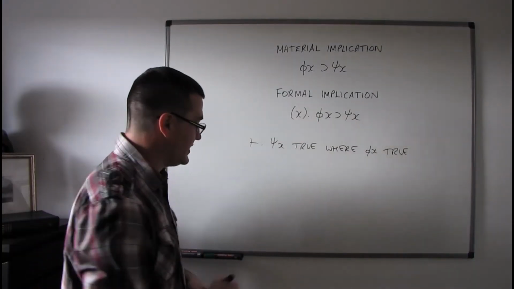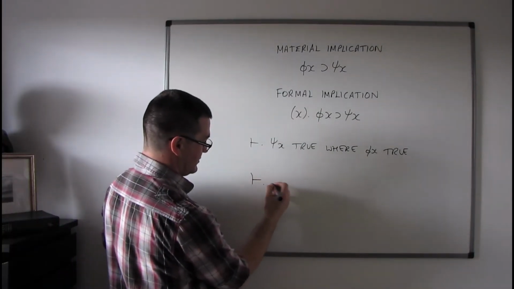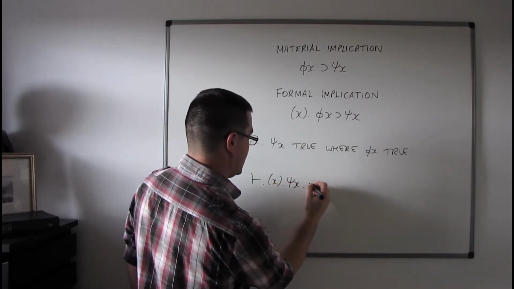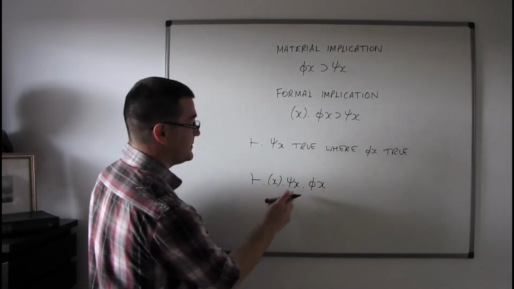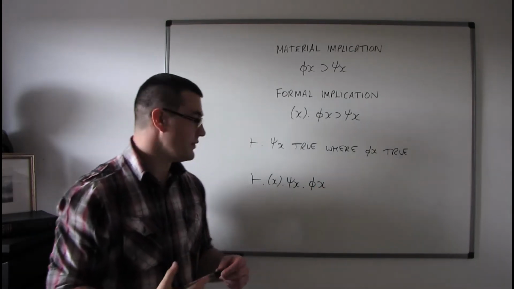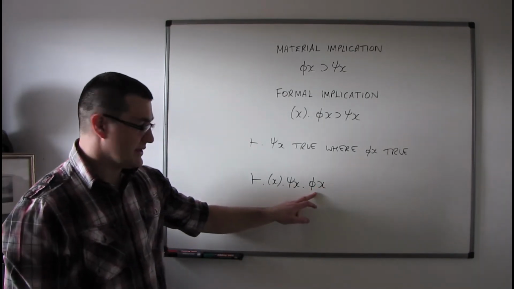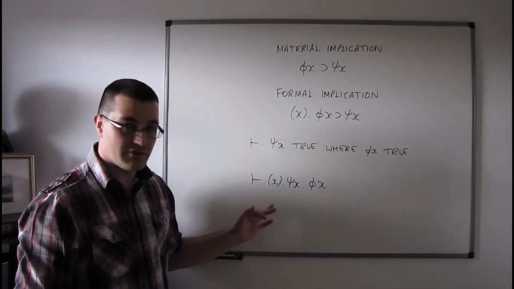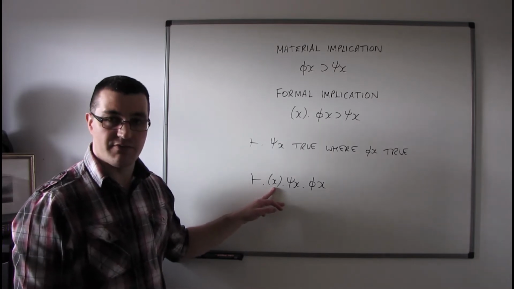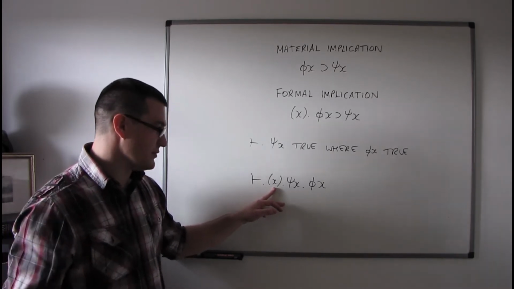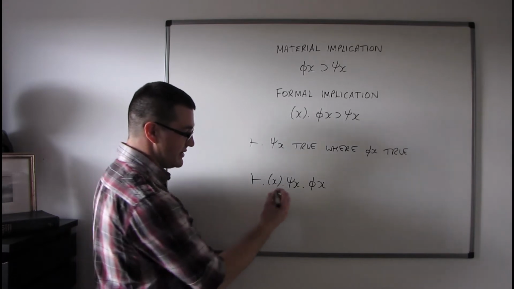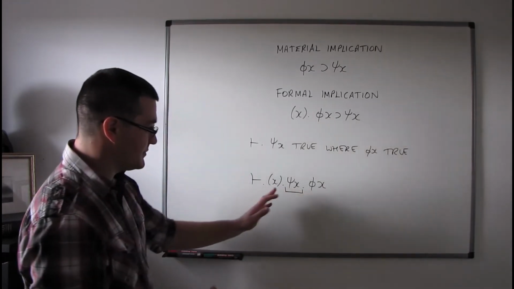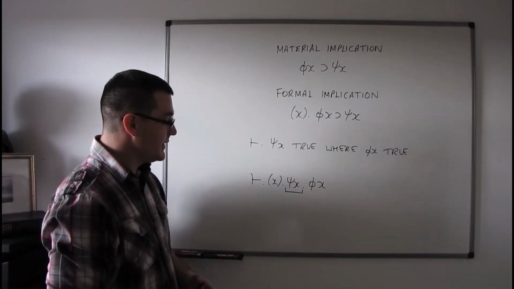Let's have a look at the expression psi x always and phi x. This looks very similar to what I wrote previously, but the main difference is the scope of the apparent variable. I will be talking about scope in a few minutes, but suffice it to say that the scope of this apparent variable is just the psi x, not the psi x and phi x.